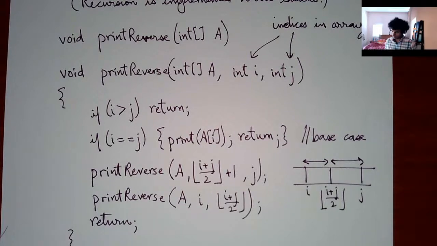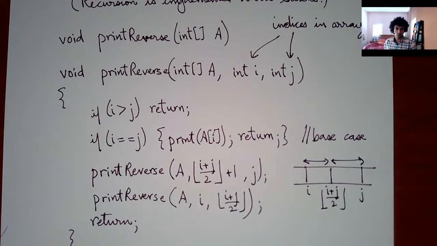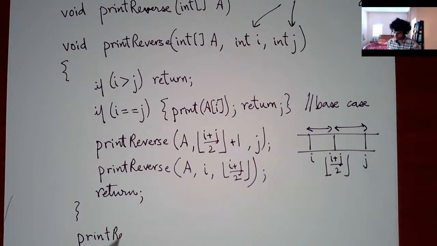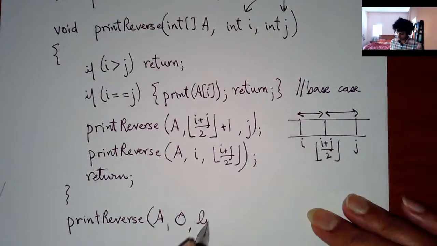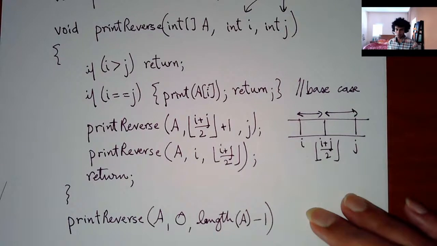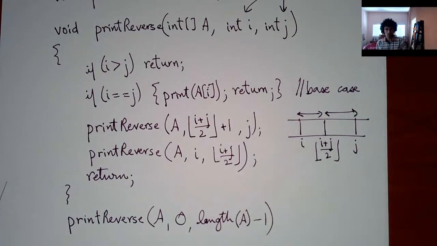So let's talk about, good question. Let's talk about the dummy call. So when you want to initially call this, you could call print reverse of A, 0, and then the length of A minus 1. Right? That's how you would initially call this function. The recursion is happening here.